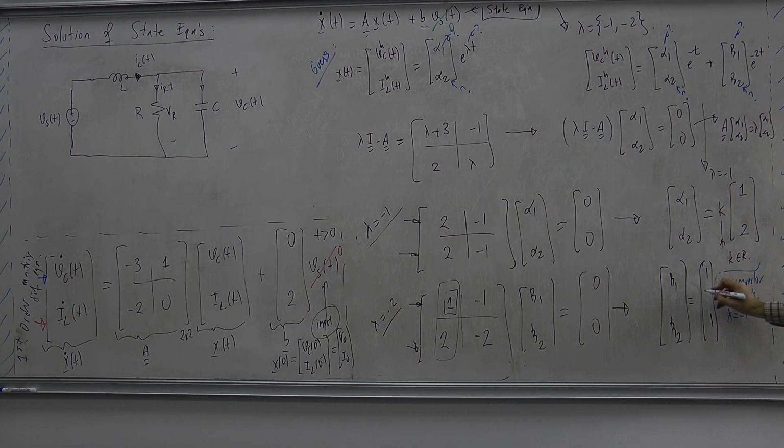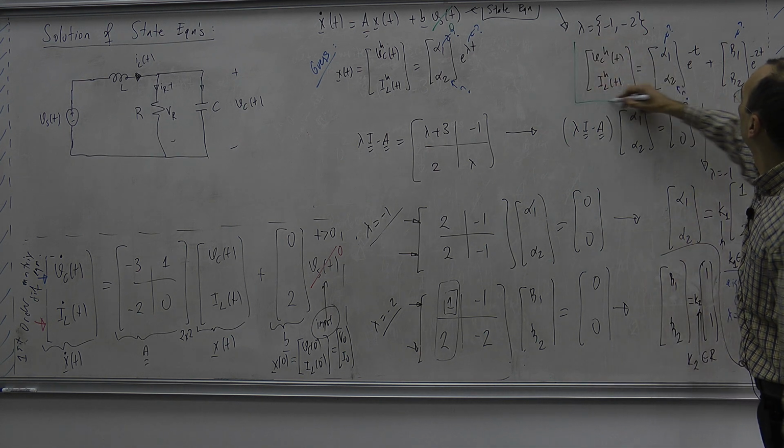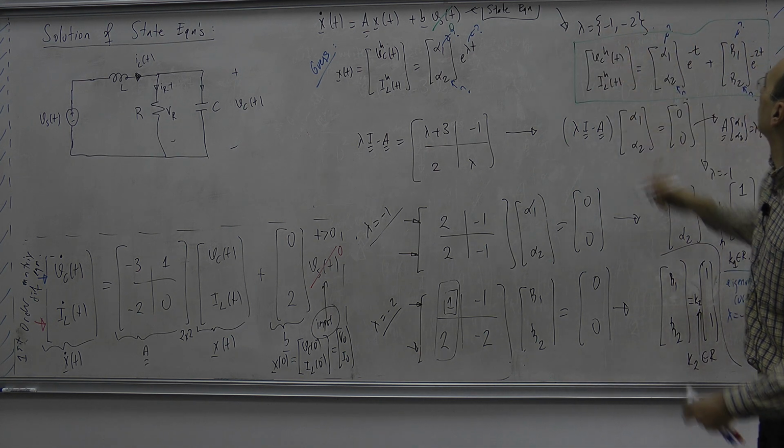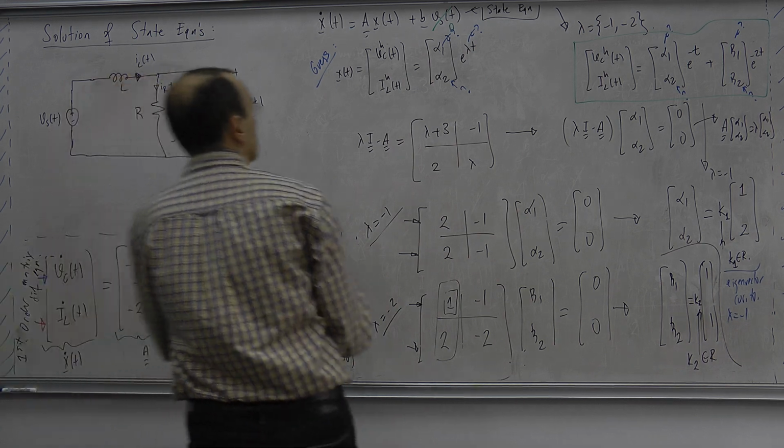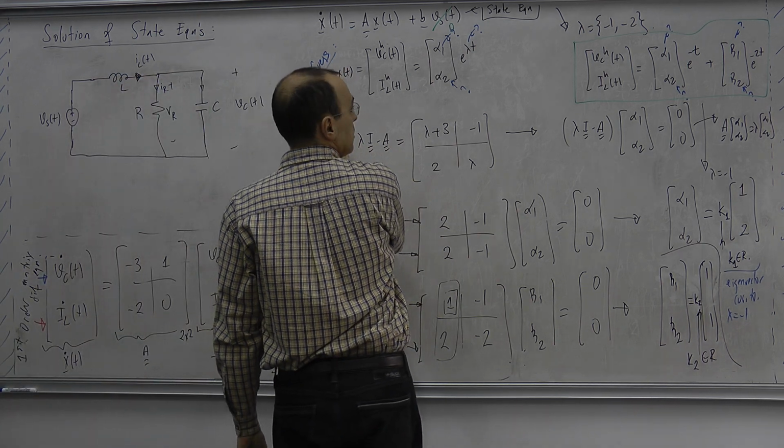And again, I can scale this by k1, and let me scale this one by k2. So k2 is an element of the reals. This is the second eigenvector. Now my solution is over here. Now I have found alpha and beta vectors also. We are almost done.